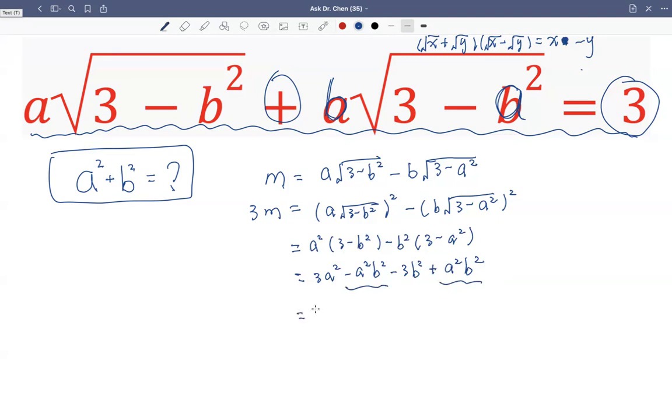So we're left with 3a squared minus 3b squared. We can factor out 3. That's 3 times a squared minus b squared. Okay, so you see we have a beautiful relationship now. We divide by 3 on both sides, so this is 3m. Divided by 3 on both sides, so m in the end can be simplified as a squared minus b squared.